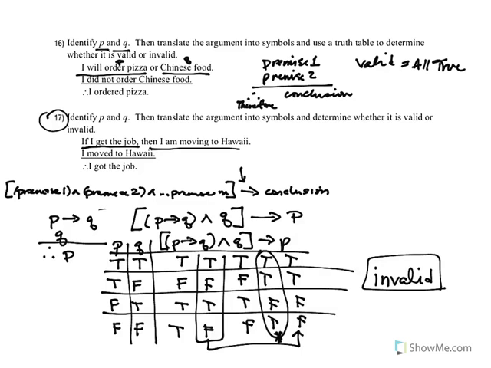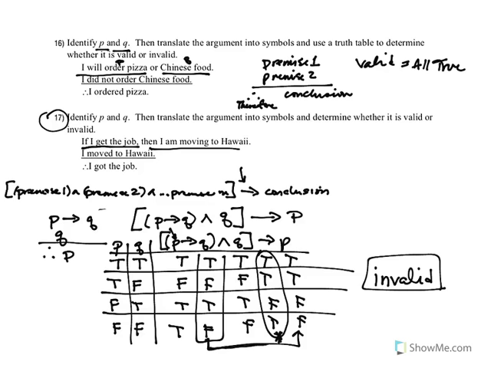So what happens here is you should have gotten an invalid argument. When you do your truth table, you do your if P then Q first here, and that gets us true, false, true, true. From there you have your Q, and you have to AND the Q with your outcome from your if P then Q. So you get true, false, true, false.